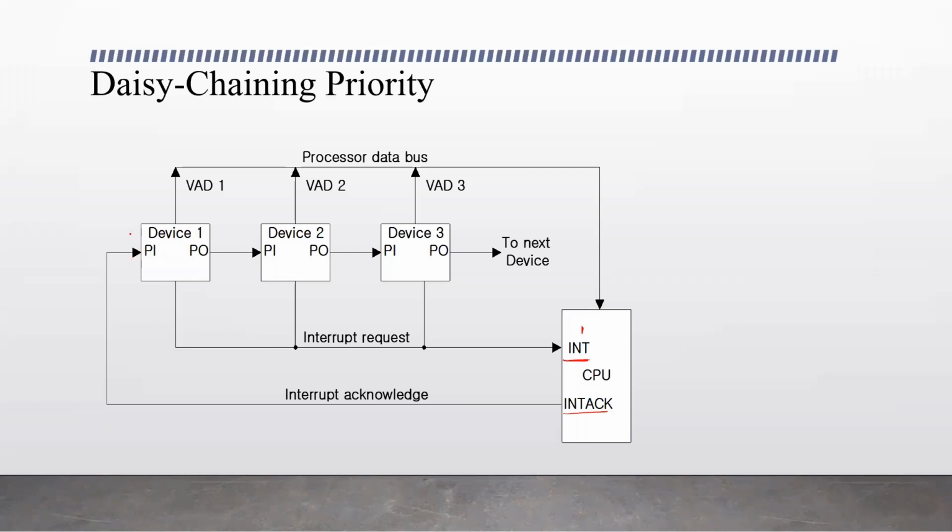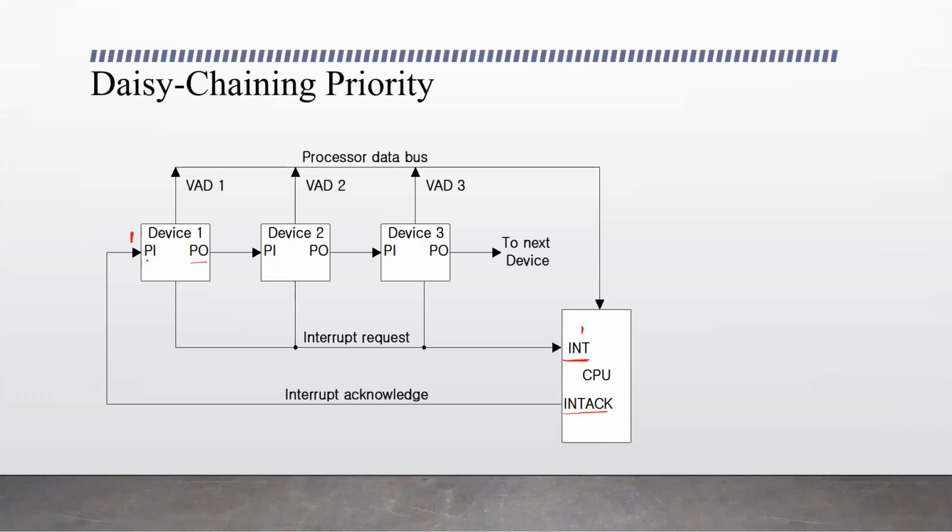Let's say here it is 1, it is enabled now. Every device has the PI input, priority in, and PO, priority out. Every device has priority in and priority out.